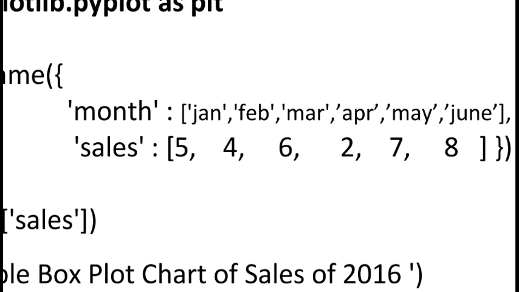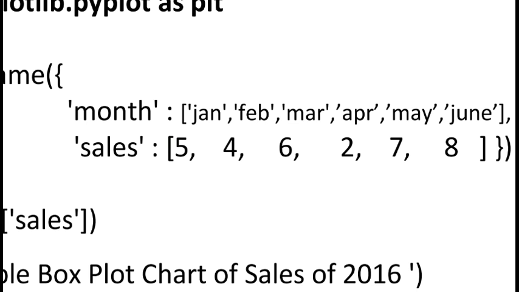Mean means average value: 5 plus 4 plus 6 plus 2 plus 7 plus 8 divided by 6. So it will return the average value. So we have minimum value 2, maximum value 8, and we will calculate the average.